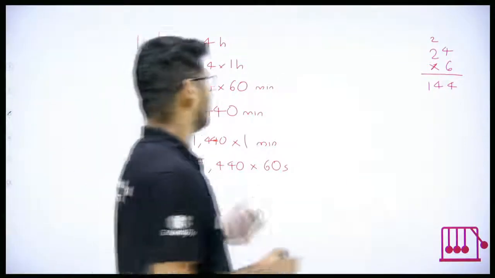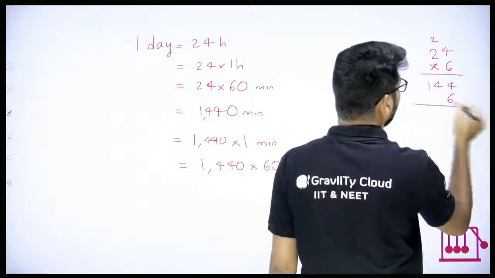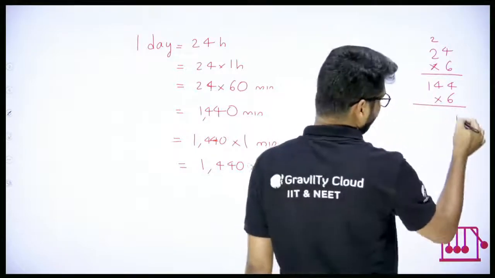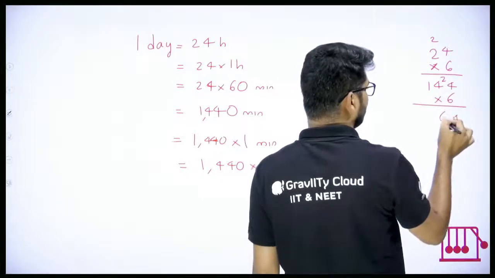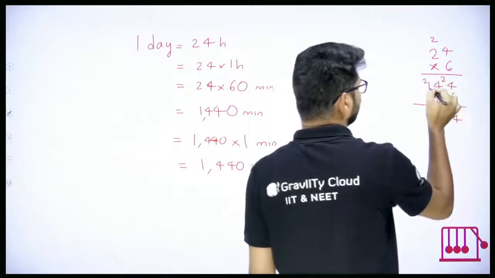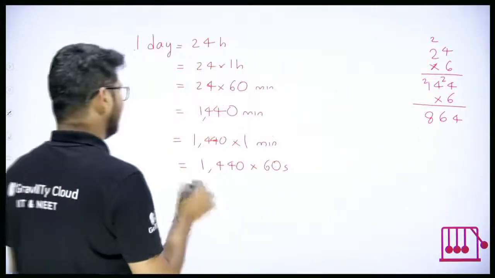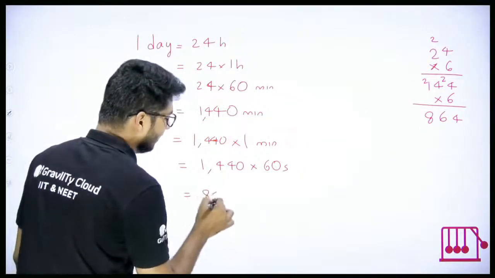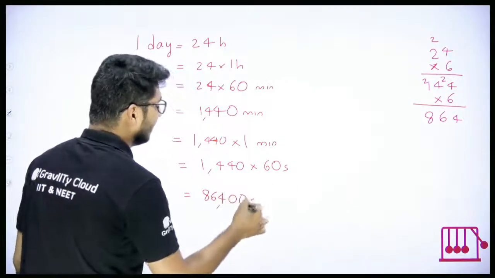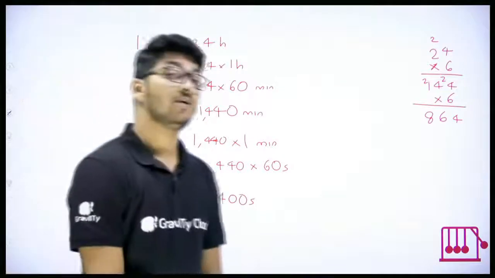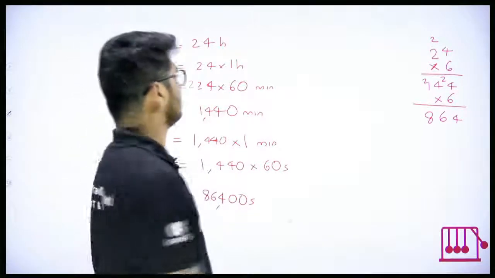That means if I multiply 1440 with 60, or 144 into 6, 6 4 24, 2 carry, 6 4 24, 24 plus 2, 26, 2 carry, 6 into 1 6, 6 plus 2 8. That is 864, 864, and you have 2 zeros. So it is 86,400 seconds.